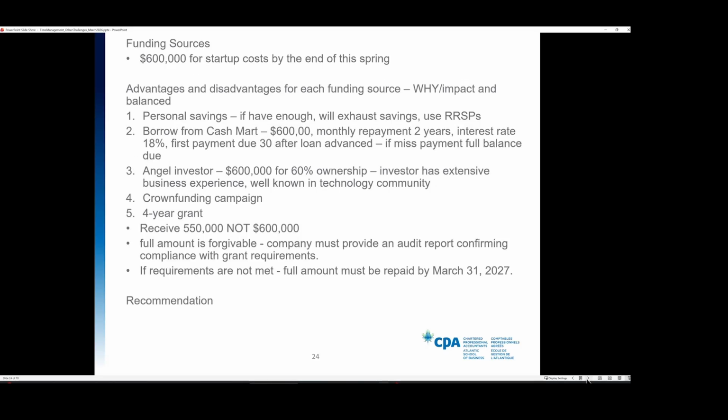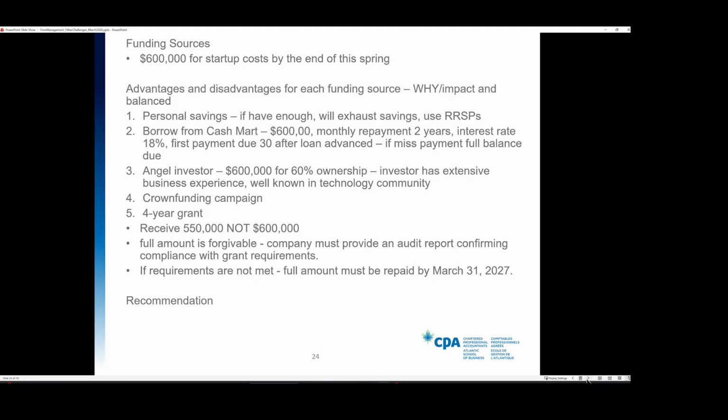Then there's also some information there that was provided for the grant that are great discussion points when I talk about the advantages and disadvantages of that particular funding source. So it's 550, it's not 600,000. The full amount is forgivable, providing they provide an audited report.